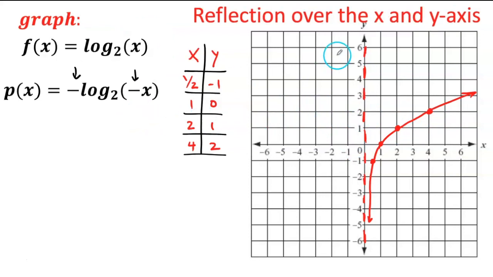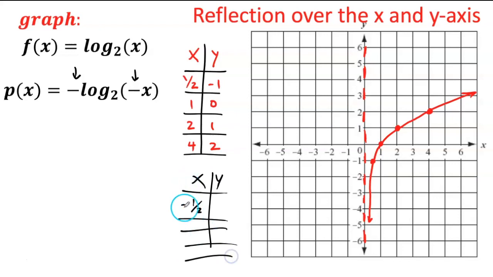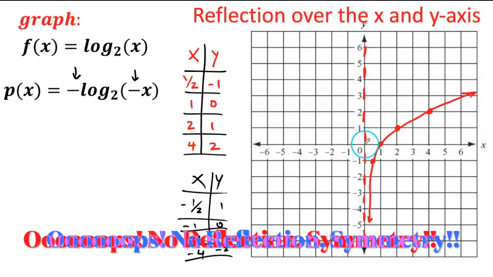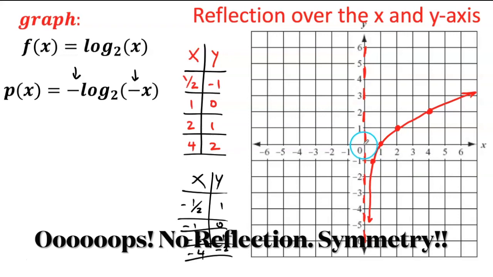When I have a reflection over the x and the y-axis, that means both values will change. So the x's, in this case, will be negative 1/2, negative 1, negative 2, negative 4. Here, positive 1, 0, negative 1, and negative 2. So both signs will change for the x and the y's. When there is a reflection over the x and the y-axis, it's going to be a reflection about the origin.